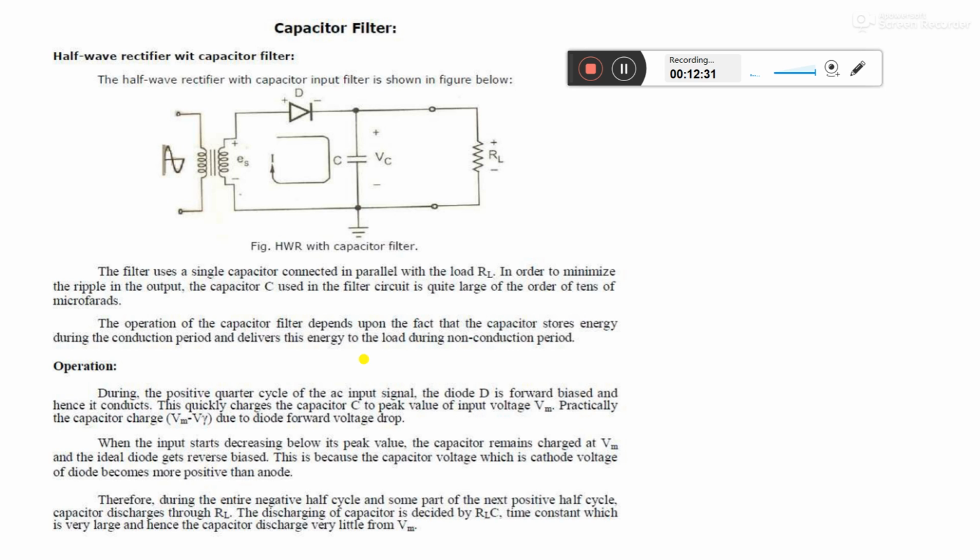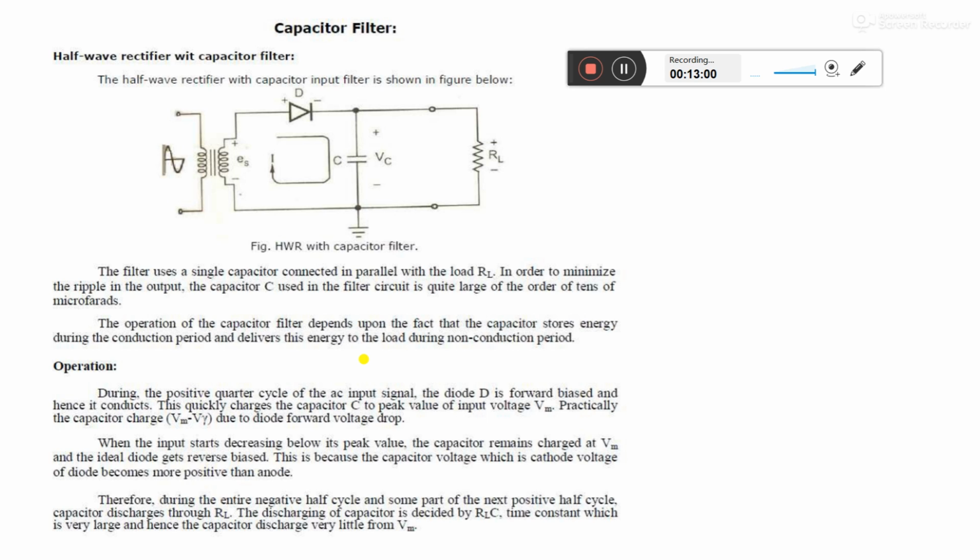forward voltage drop. When the input starts decreasing below its peak or amplitude, the capacitor remains charged up to its maximum value, called Vm. We are talking about the voltage cycle, so we take it as Vm, the amplitude of the AC signal, and the ideal diode gets reverse biased.